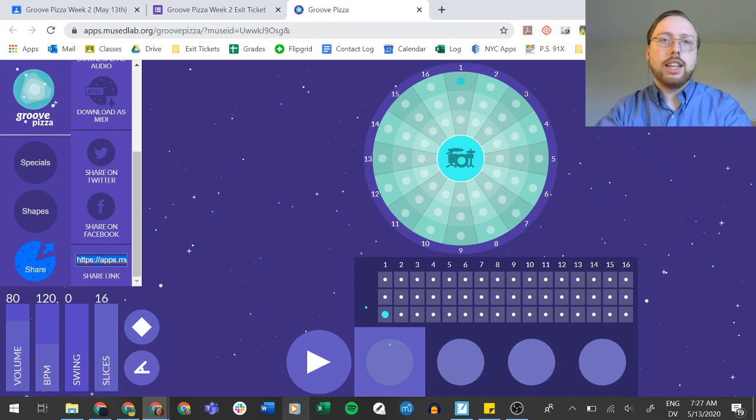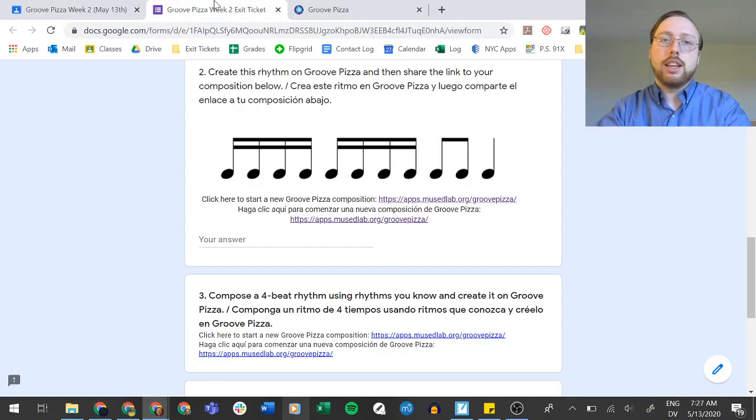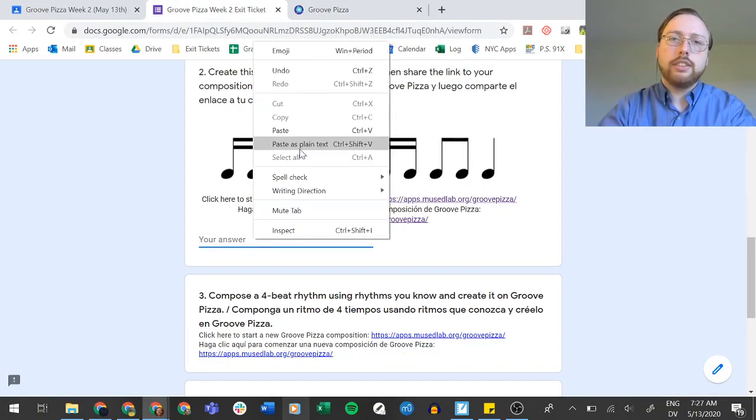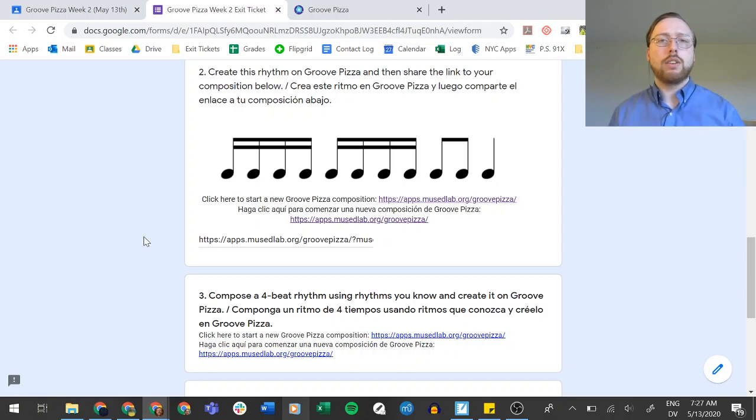Or you can find the link on your computer or tablet and then copy and paste it. And again, I'm right-clicking to get that paste. Put that there. You can also watch my video from last week where I show you again how you can copy and paste the links to your compositions.